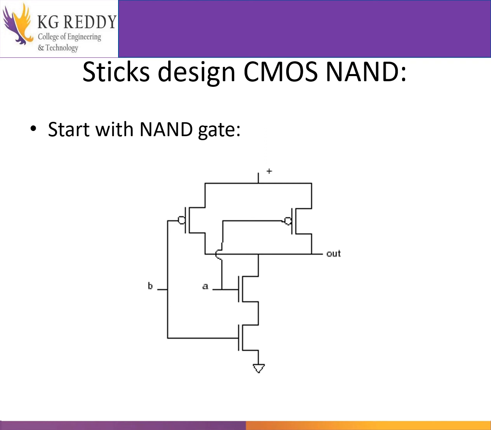After that we have studied the stick diagram design, the lambda rules, the contacts, the colors, what the stick diagram is and how it is represented, and if I'm using color coding, what sort of colors need to be used for the various layers. Finally, with one example we have observed how to draw a stick diagram.